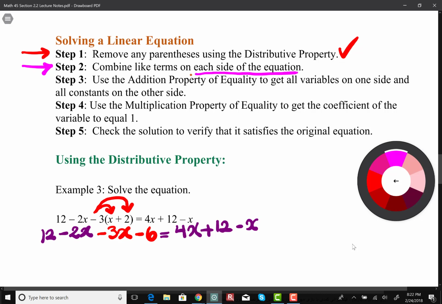So let's focus on the left side. On the left side, I have like terms. Let's write it down, 12. Then I have -6. These are like terms. And then I have -2x.